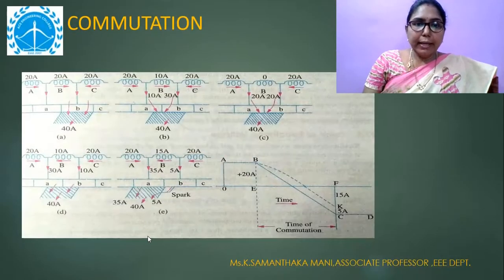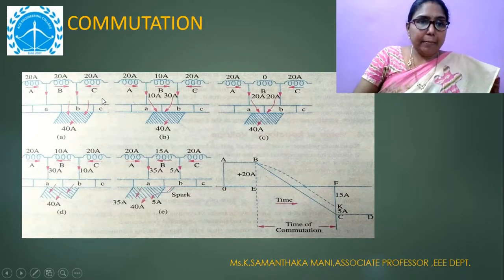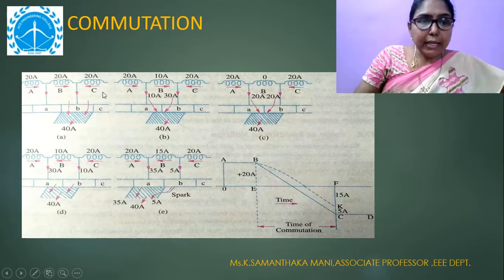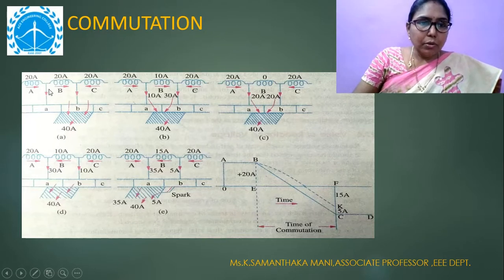Here I would like to explain this concept using the diagram. Let us consider three coils for easy understanding: coils capital A, B, and C. You can observe them on the diagram. There are commutator segments represented by small a, small b, and small c.